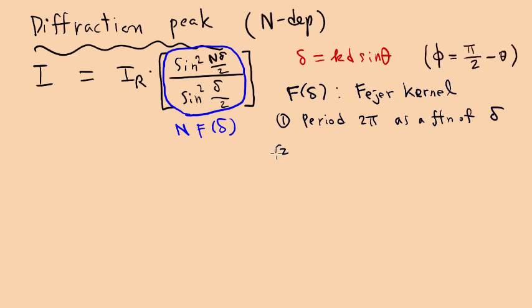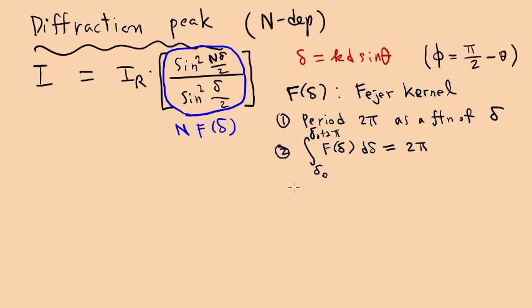Another interesting property is that when you integrate f of delta from delta 0 to 0 plus 2 pi, so you integrate it over one period, the value is 2 pi. So the average value of this Fourier kernel over angle 0 to 2 pi, or any 2 pi interval, is just 1.